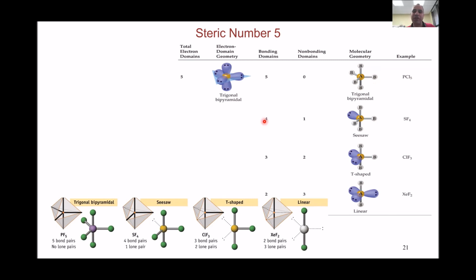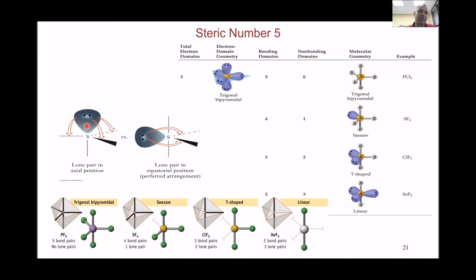If it's only using 4 domains in bonding and 1 lone pair, that lone pair will prefer to occupy one of the equatorial positions rather than the axial positions, because it's going to feel a little bit less repulsion because of the angle with adjacent orbitals. If you compare a lone pair in the axial position, it's going to feel more repulsion because of the 90 degrees angle with the surrounding orbitals.